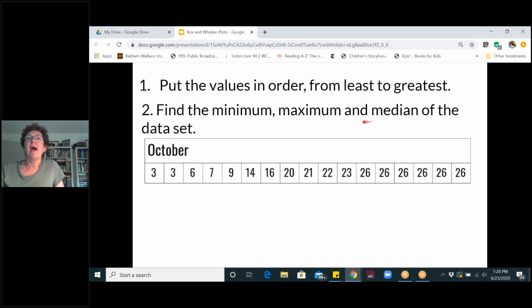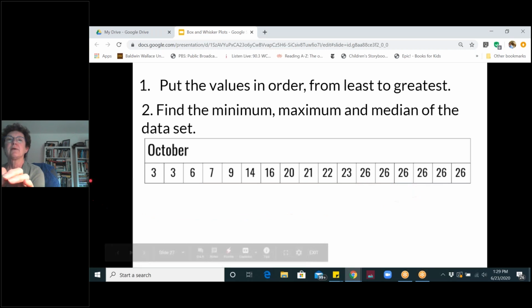Okay, now, so we're back to Mrs. Bridges and her kindergartners. And here's the data from October. So the first thing we do is we put our data in order from least to greatest. Notice least down here, and yes, it goes all the way up in order to the greatest.